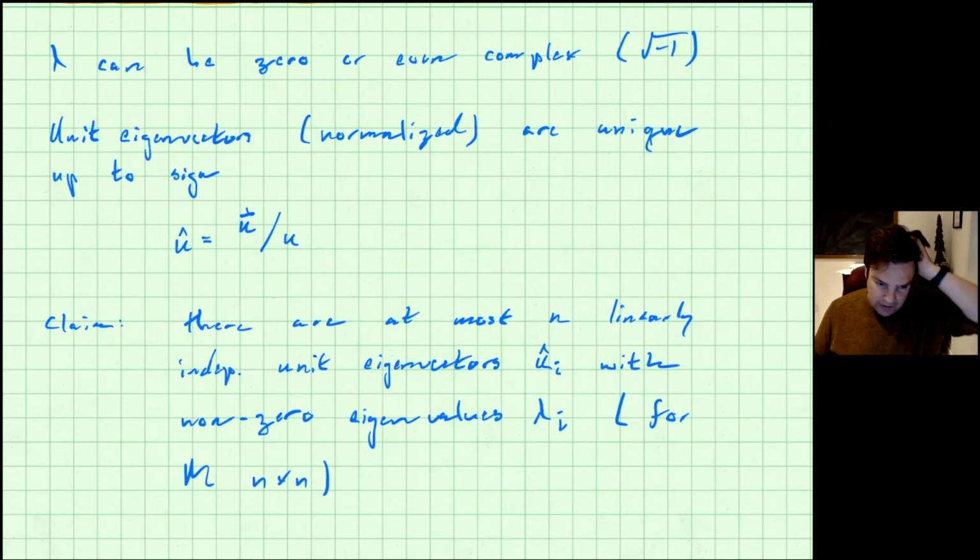Right, so if you have a square matrix M with dimensions n by n, then there's at most n different non-zero eigenvalues with n unit eigenvectors that are linearly independent from each other.